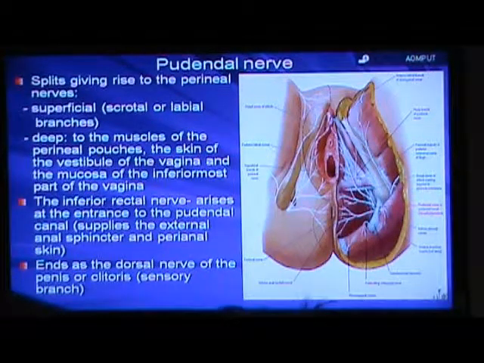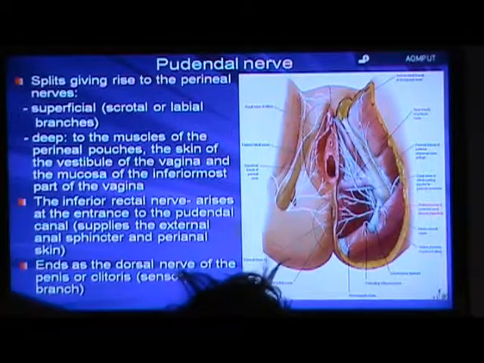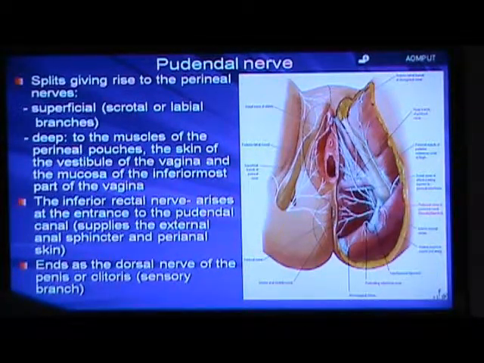So here is the place where we can perform this pudendal nerve block. The pudendal nerve splits into the superficial, the scrotal or labial, it depends on sexes, branches, and the deep nerves, so to the muscles of the perineal pouches, the skin of the vestibule of the vagina, and the mucosa of the inferiormost part of the vagina.